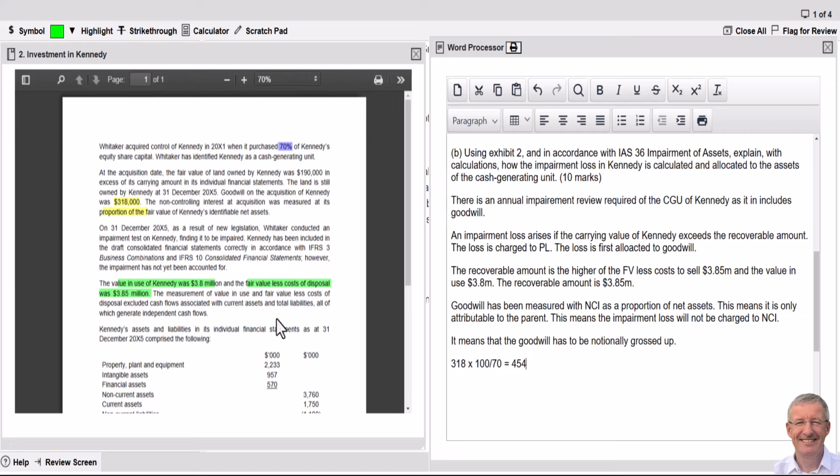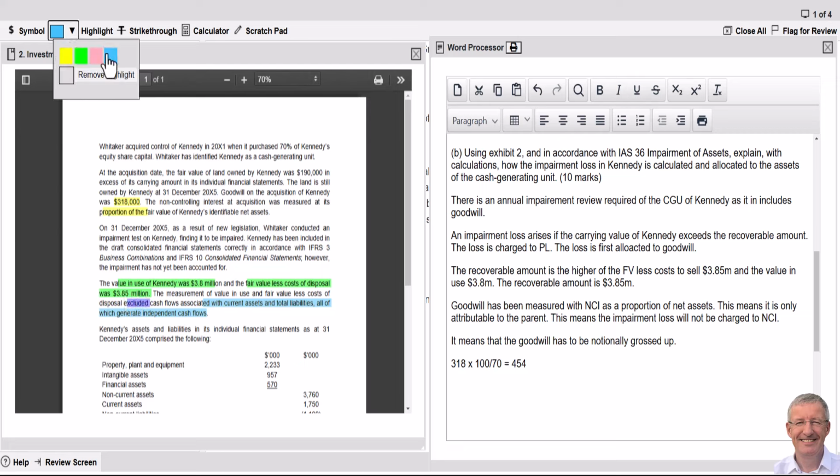Now, we've got this story about how the measurement of the fair value less cost of disposal excludes the cash flows associated with current assets and total liabilities because they generate independent cash flows. So it's the significance of this that the word excluded applies.